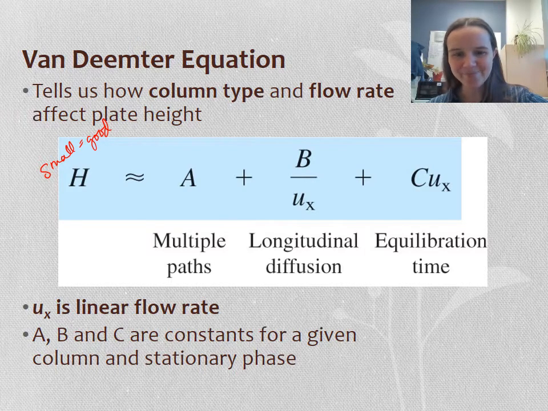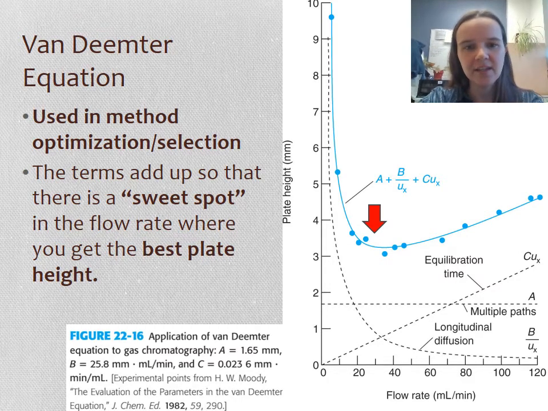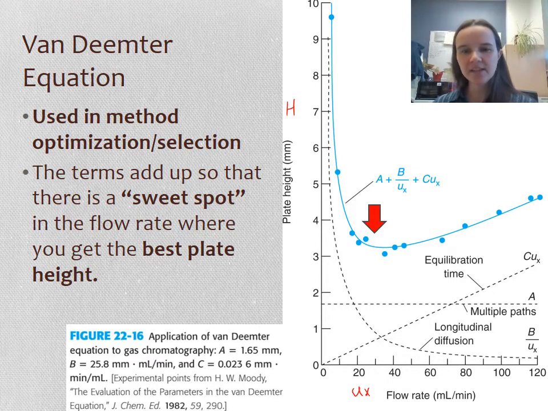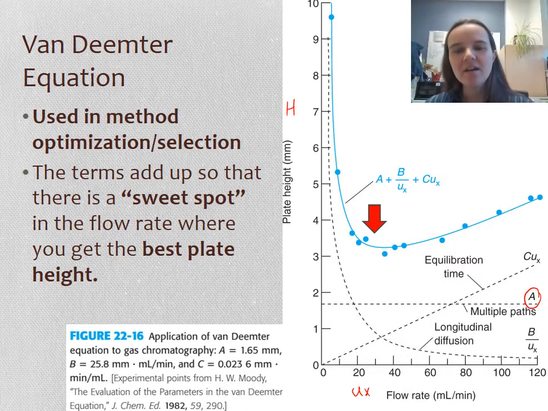So let's do it. The Van Deemter equation gives you kind of what I like to call the Nike swoop, okay? Where what you're plotting is the plate height, h, versus the flow rate, u_x. And because the A term is a constant, you have this constant flat line, all right?